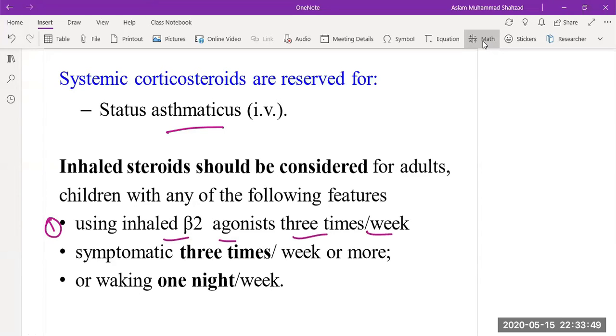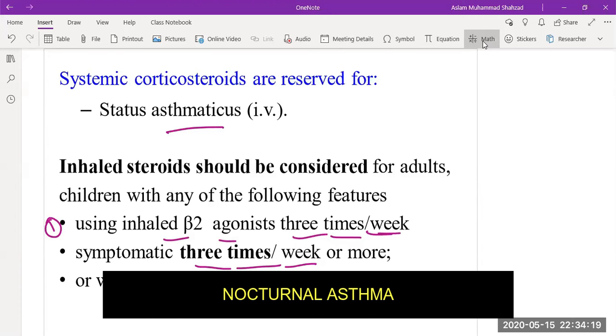So corticosteroids will be given to those patients who are suffering from chronic asthma having regular frequency. Then symptomatic 3 times per week. Here we also mentioned the frequency of 3 times per week or one night per week, which could occur at night, and we mentioned that as nocturnal asthma.